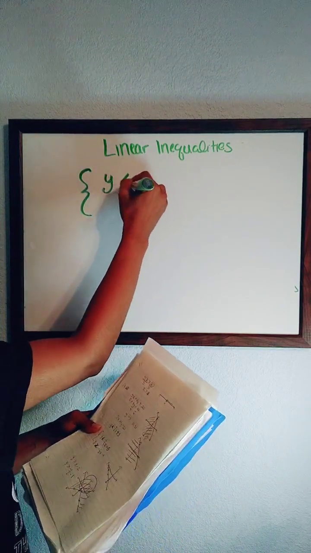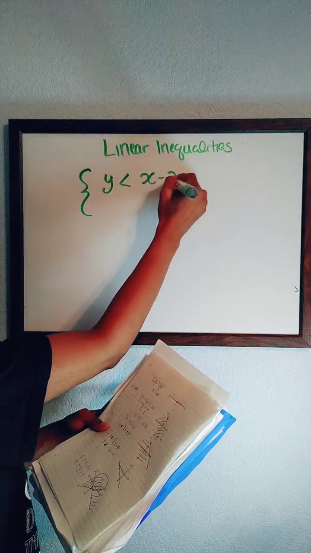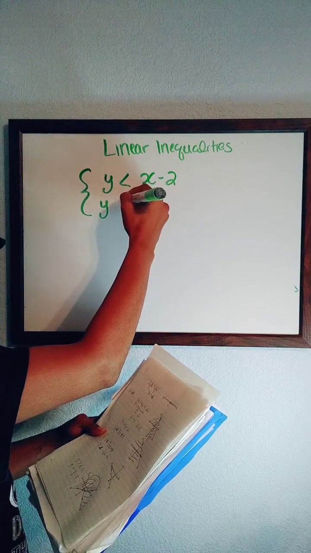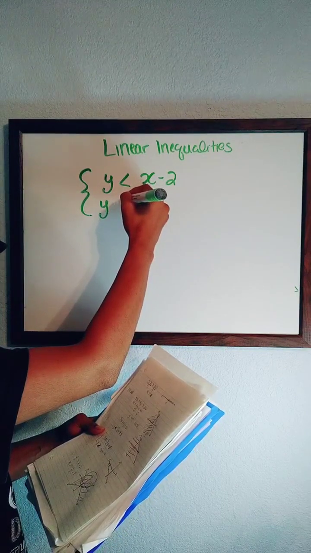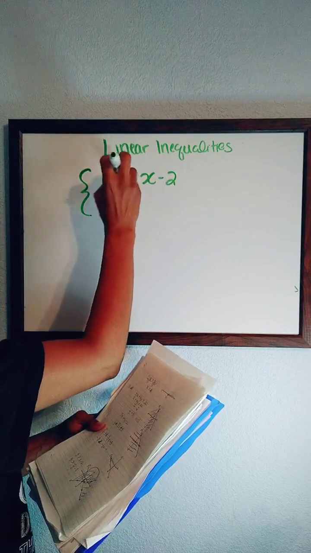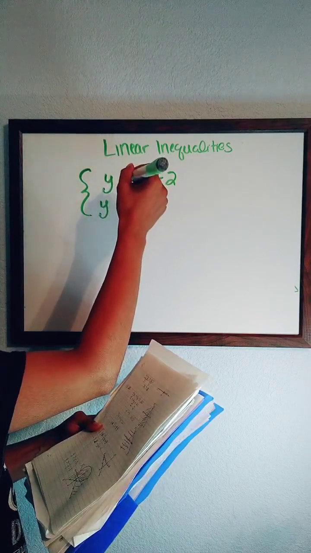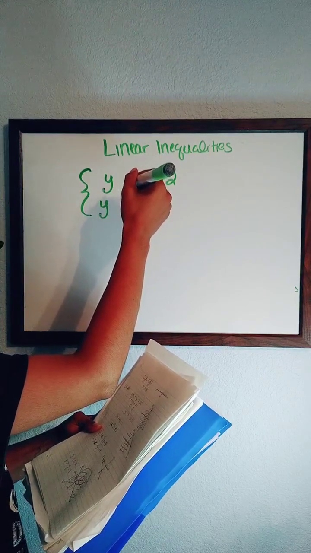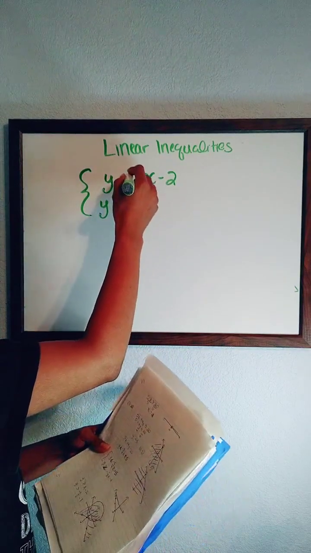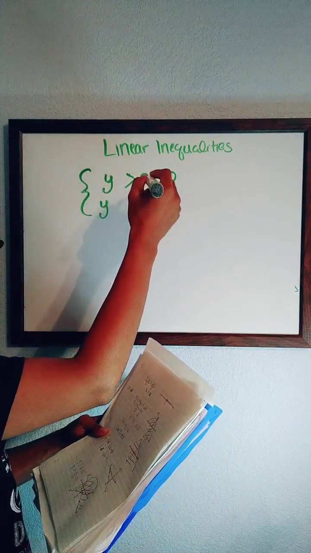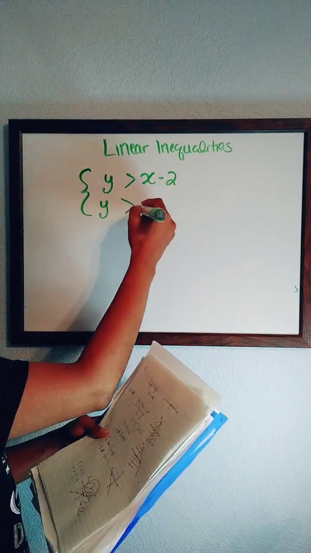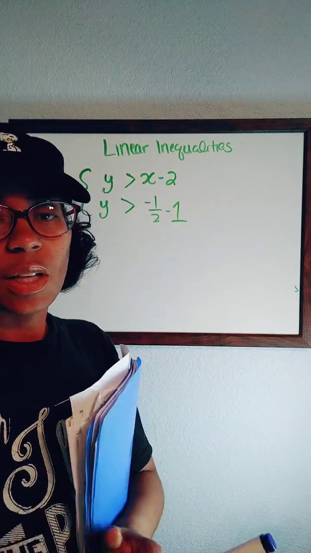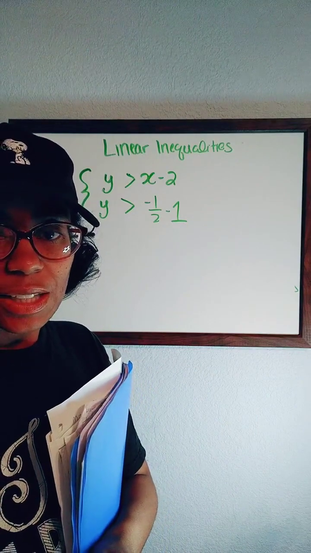We have y is less than x minus 2. Actually, I'm going to do greater than. We'll do greater than right here. And then y is greater than negative 1/2 x minus 1. Okay. So systems of linear inequalities.